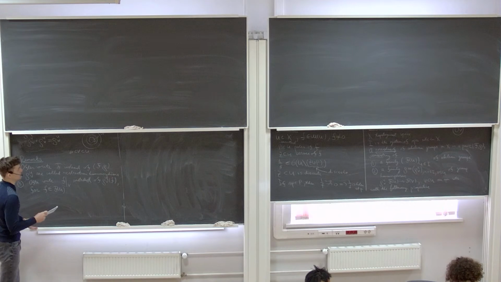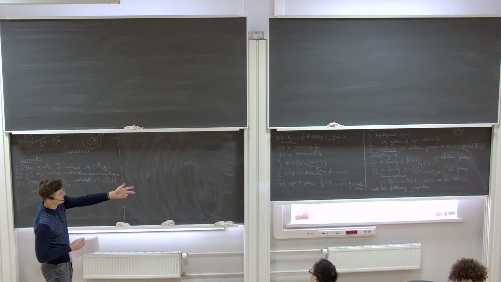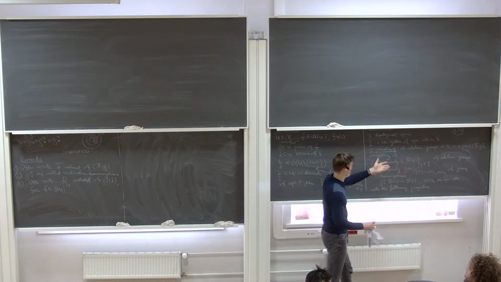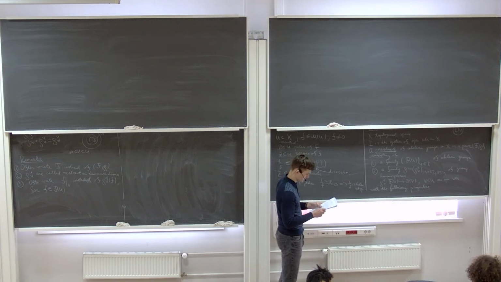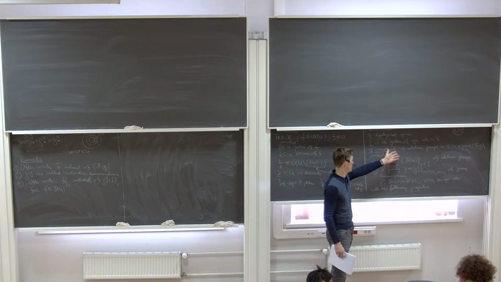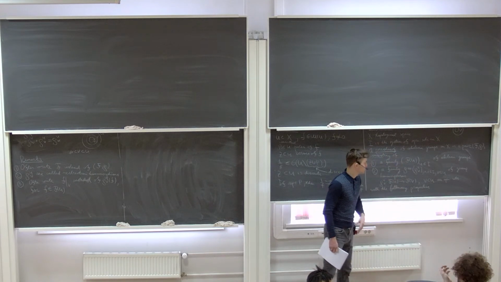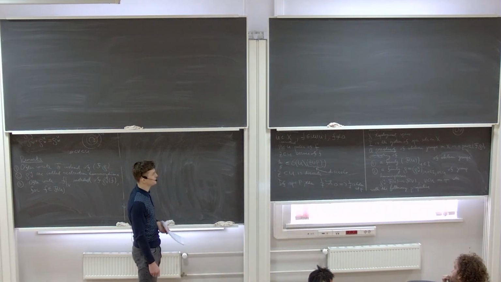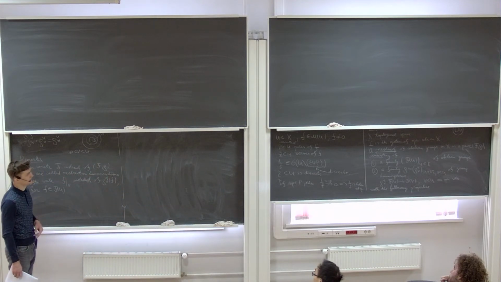Of course, the fact that we consider abelian groups is not important. We could consider sets or rings. If we consider pre-sheaves of sets, then we just say that these restriction homomorphisms are maps. And if we consider pre-sheaves of rings, then we require that these restriction homomorphisms are ring homomorphisms.